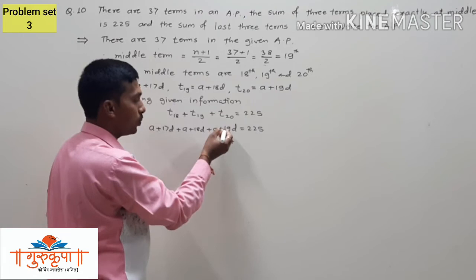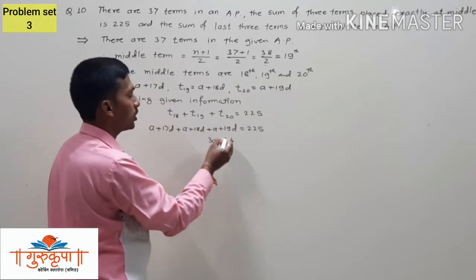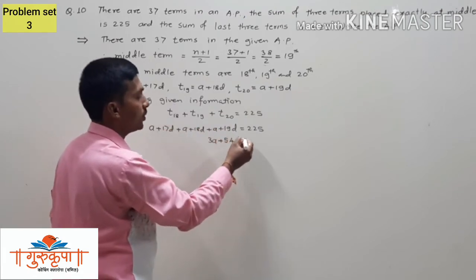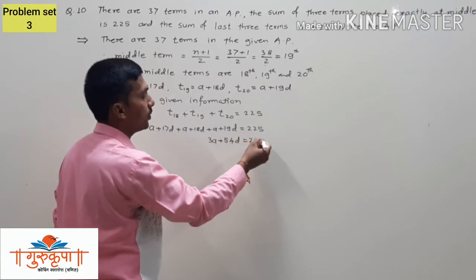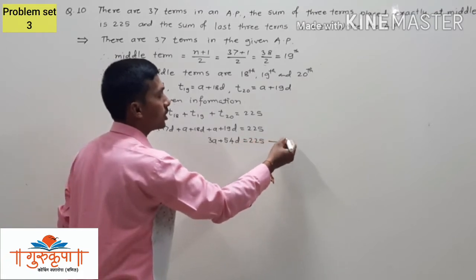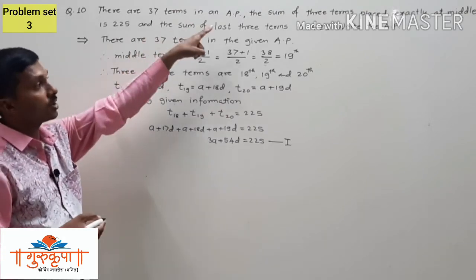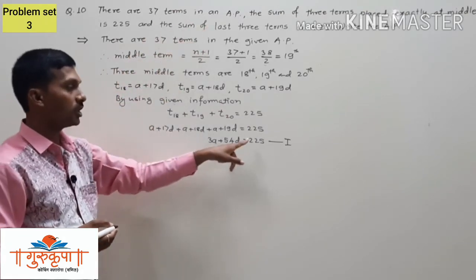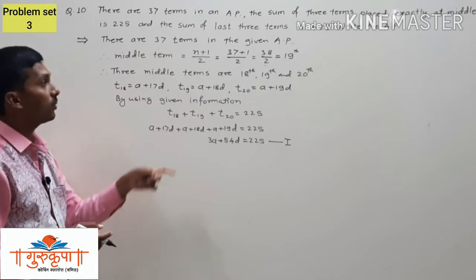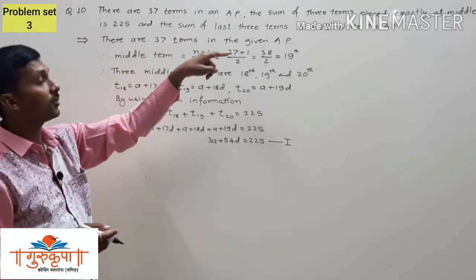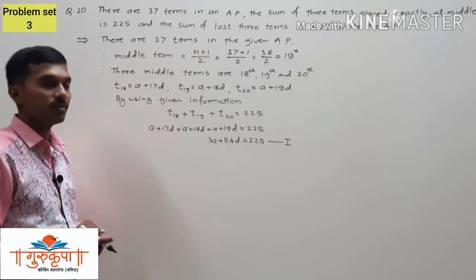That is 3A plus 54D is equal to 225. This is the first linear equation in 2 variables. By using the first condition, we get the first linear equation in 2 variables. Now we have to use the second condition to get the second linear equation in 2 variables.